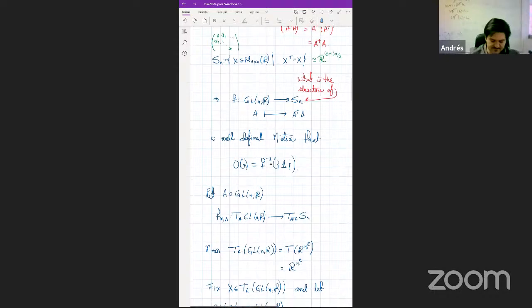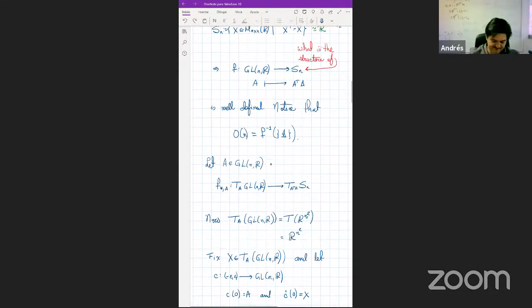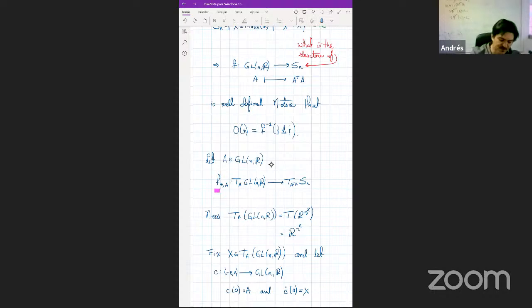So let X be any vector, and I want to compute the differential at A. And for instance, this is something that we haven't seen the first time when we saw the constant rank theorem: how to compute the differential using curves. This is something that we have learned since then, and we will use it.